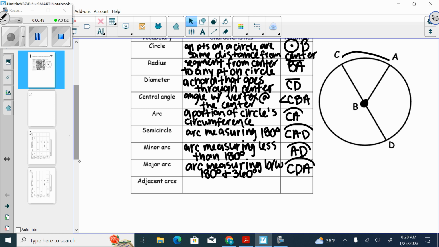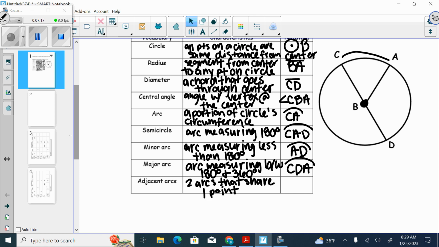Okay, and then lastly we have adjacent arcs. This is another one we talked about yesterday. What's an adjacent arc? Right, they're going to share the same what? A point. Whenever we name them, they'll have a point in common. Very good. So two arcs that share one point.